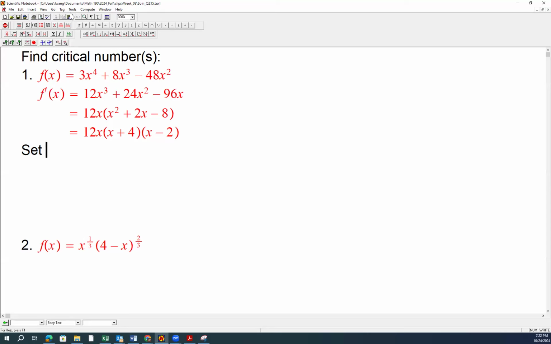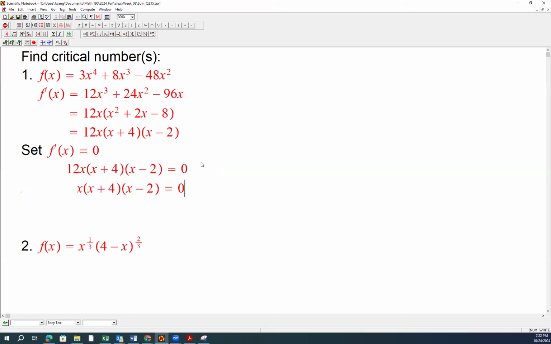So when we set it equal to 0, we have the entire thing equal to 0. Obviously, 12 is not 0, so we divide both sides by 12 and get the next equation equal to 0.